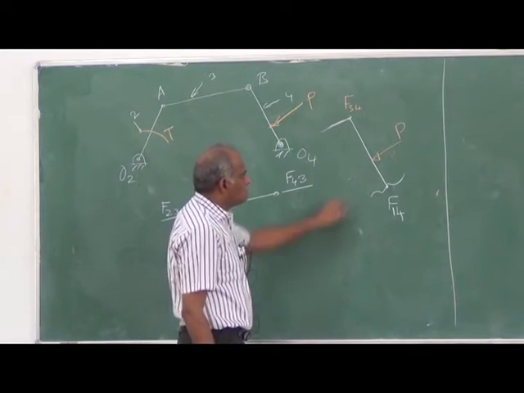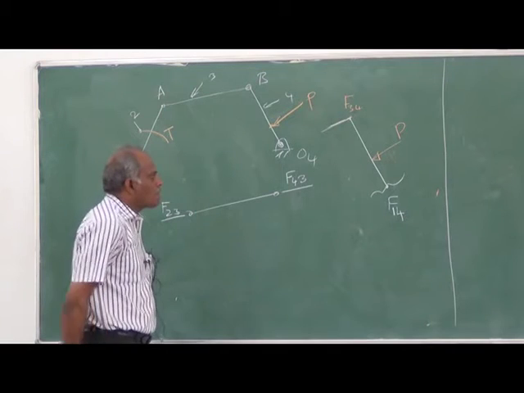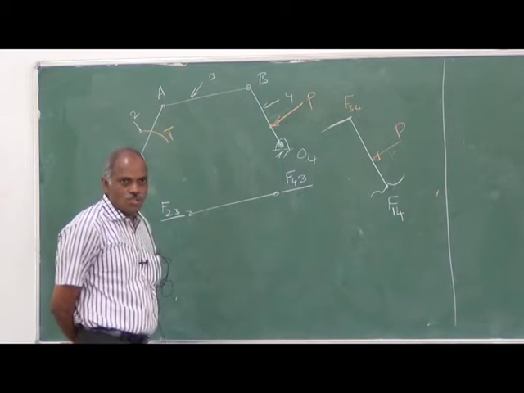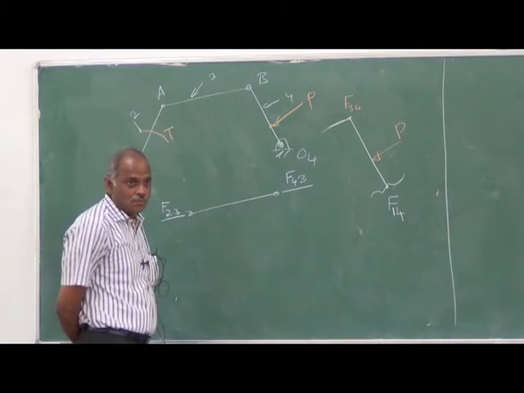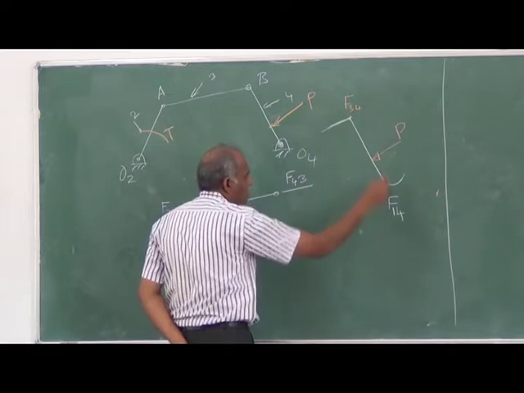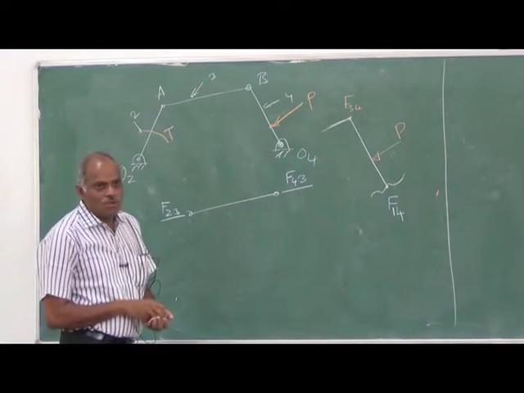So here, how to solve this particular thing? Here we have three forces: P, F34 and F14 are the three forces. But how many unknowns are there?